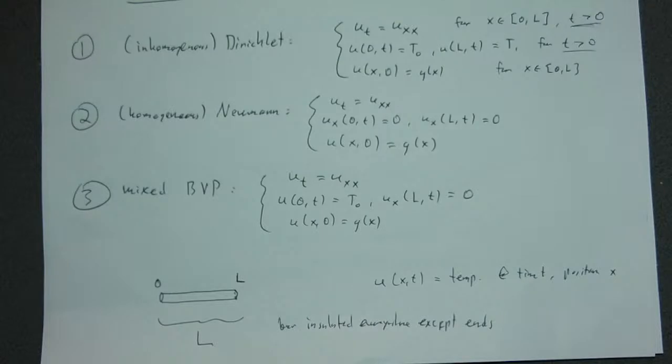Well, it turns out that if you want to do the semi-infinite case, you can proceed basically how we did with the wave equation as far as reflections go, right? You can proceed like that to deal with a Dirichlet boundary condition, we'll say, at one of the ends of a semi-infinite bar.